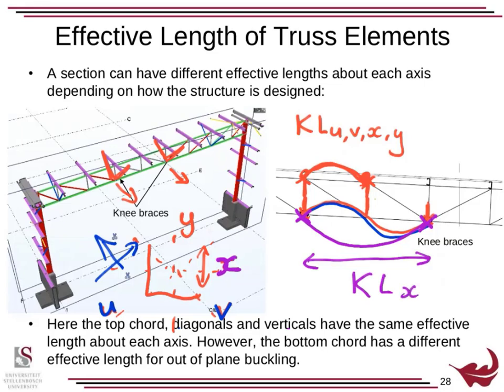Whereas all the other ones are these shorter lengths, KLU, V, and Y. And this is the unrotated axis system. I'm not using Y prime, but I would use Y primed when designing the compressive resistance of the singly symmetric section. But now in terms of just effective lengths, there it is. My x-axis is double the effective length of the other one. And so be careful of that.